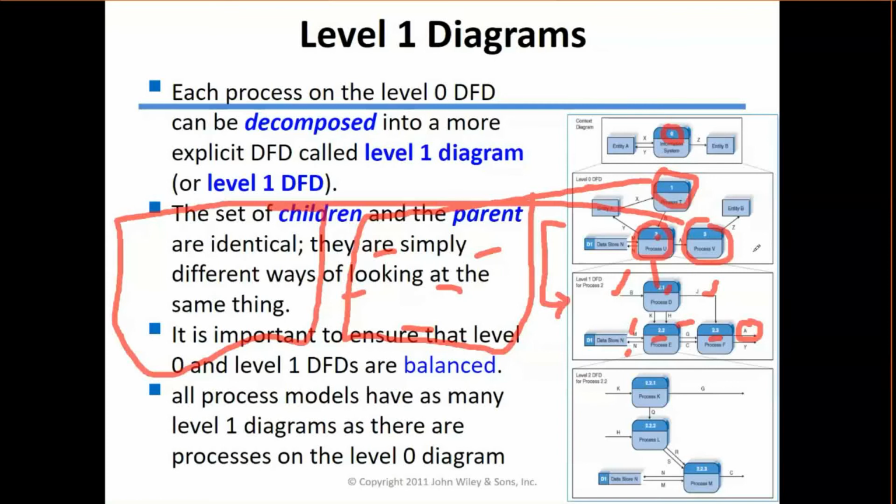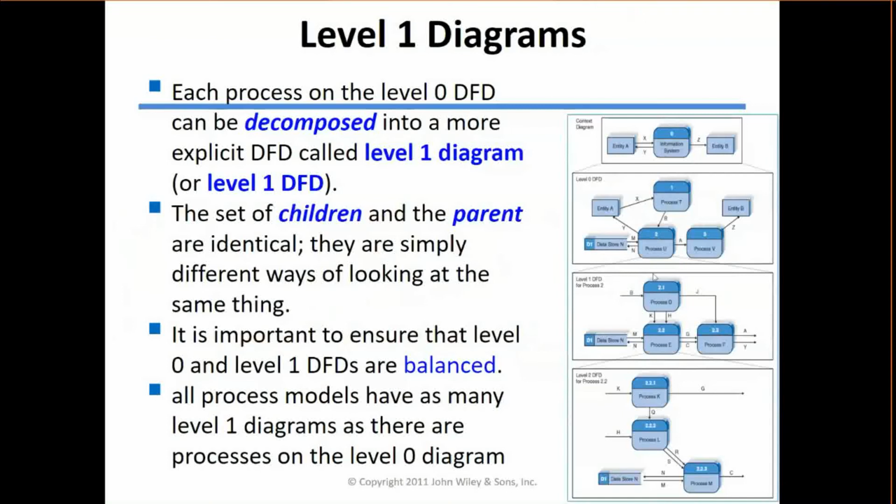Yes, sir. Okay, good. So then we are moving towards level 2 diagram. It is the same process as we did in level 1. We will pick up any one of these processes. Like in this case the 2.2 has been chosen for level 2 diagram.